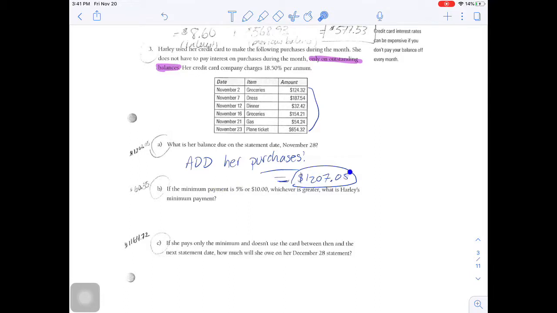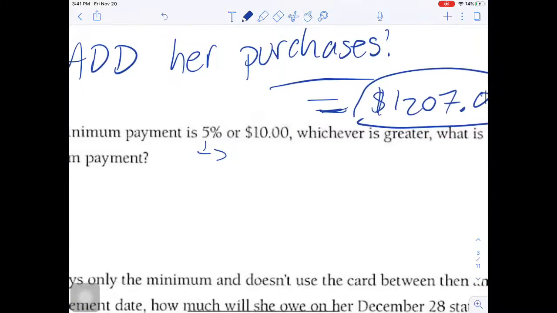Okay, so here the minimum payment would either be $10 or 5%, whichever is greater. So let's figure out what 5% of how much she owes is. So 5% of what she owes, well, I'm going to make this a decimal. So remember, 5% divided by 100, that's not a division symbol.